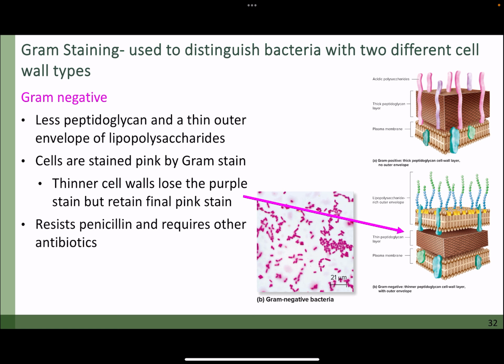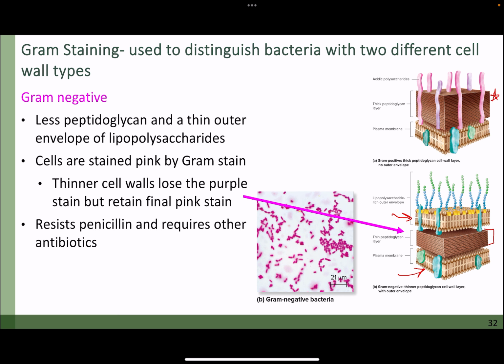The overall structure for these guys is just a little bit different. On gram-negative bacteria, you have the plasma membrane, and then you have a peptidoglycan wall on the outside. You'll notice that compared to the one up here, this wall is much, much thinner. And then you've also got this outer envelope. This is kind of a secondary plasma membrane that occurs outside of that cell wall.